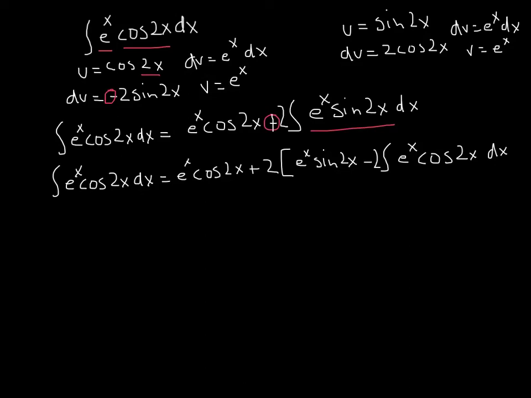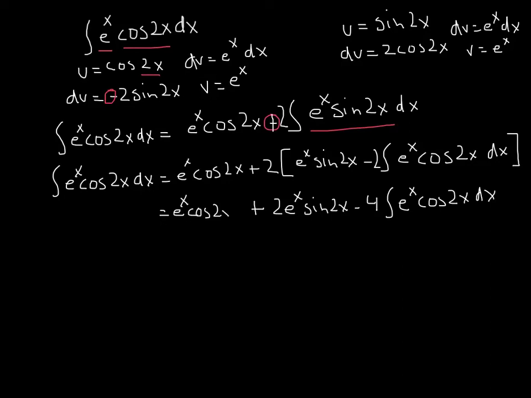Before we do that, let's distribute the 2 inside here, and so that's going to give us 2e to the x sine of 2x minus 4 the integral of e to the x cosine of 2x dx. And I'll just go ahead and rewrite this part also, e to the x cosine of 2x.